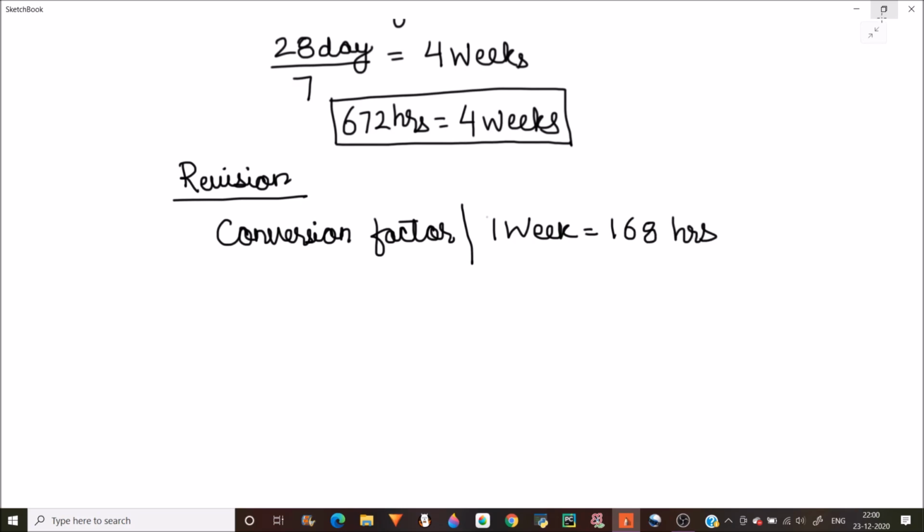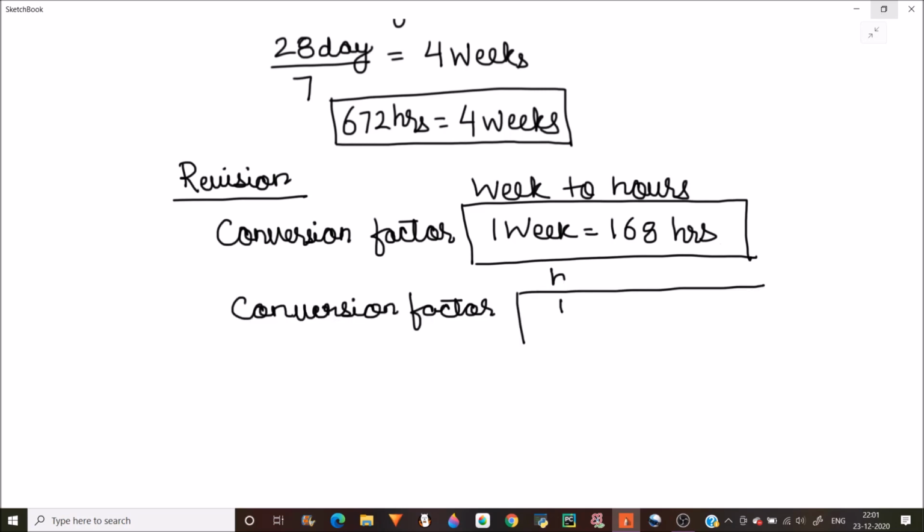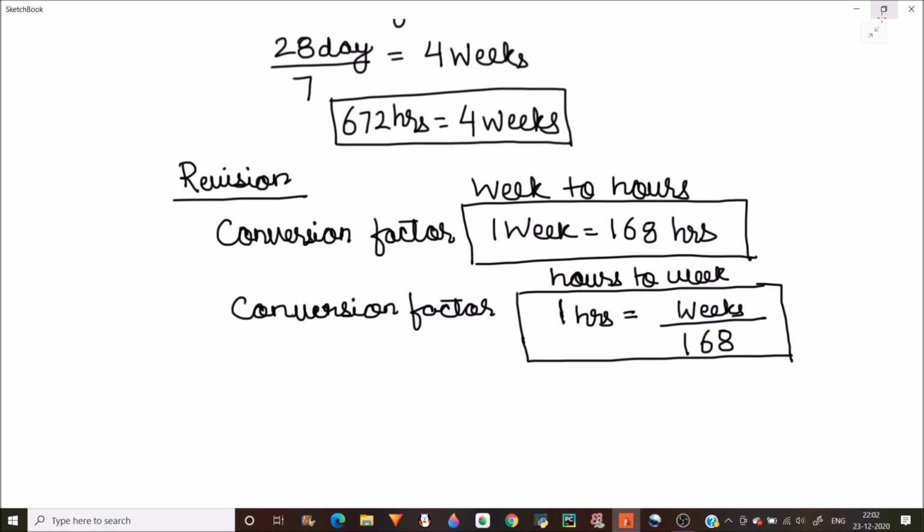So to convert from week to hours, you just need to multiply the number of weeks by 168 hours. And to convert from hours to week, you need to divide the number of hours by 168. So this is the conversion factor to convert from week to hours and hours to week.